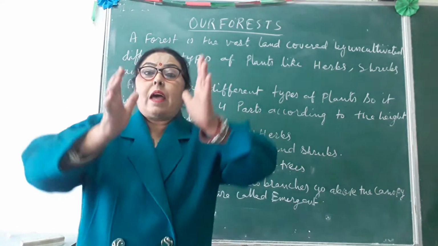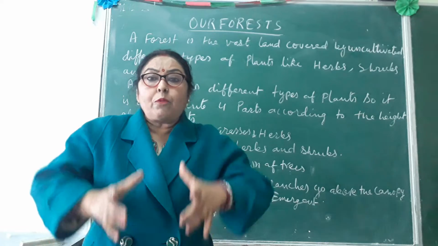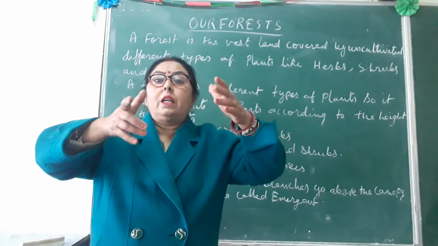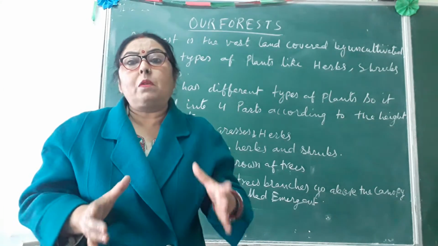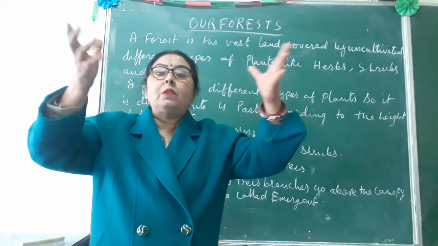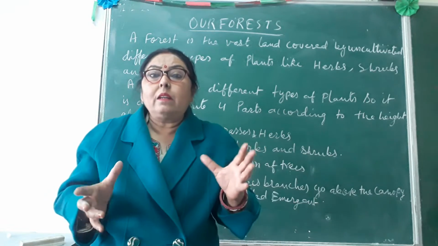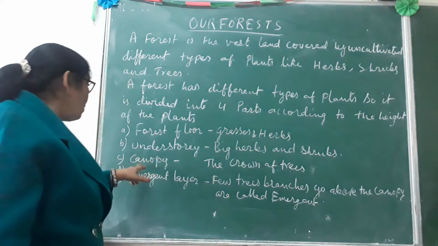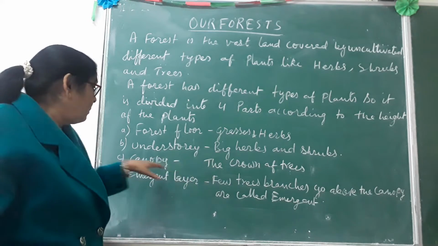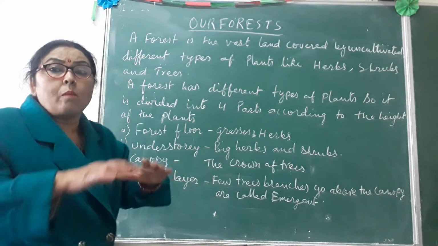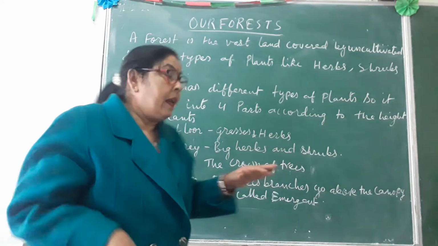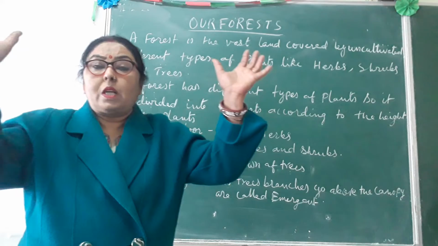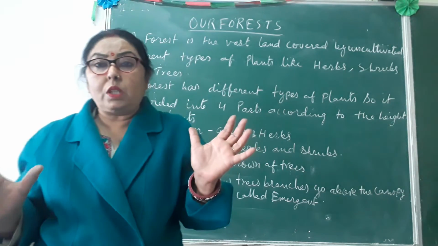Trees have a trunk, the slender, cylindrical or branched part of the stem, and above the trunk there are the leaves in tall trees. You all know that. So the tall trees' crowns form the canopy, which is the crowns of trees situated very near to each other.